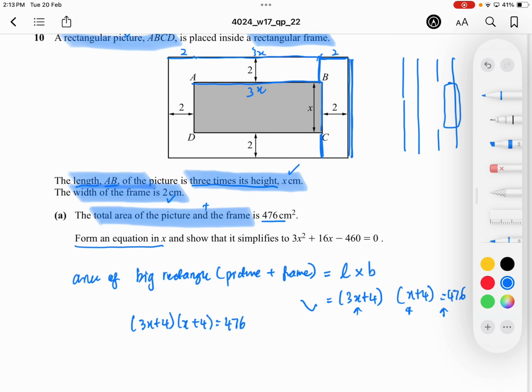So, yang thumbs up, did you get 3x plus 4? Okay. So, that's the one that you should start with. Artinya, you have used this fact. So that's fine. Now, you just need to figure out how to use the other fact, which is the total area of the picture and the frame, to make it into an expression. Okay? So, boleh analyze that part.